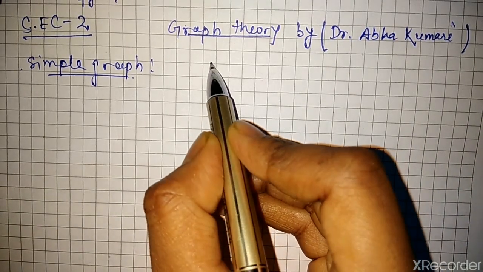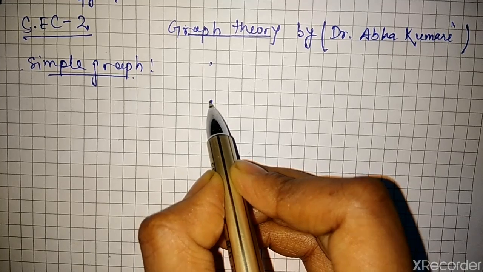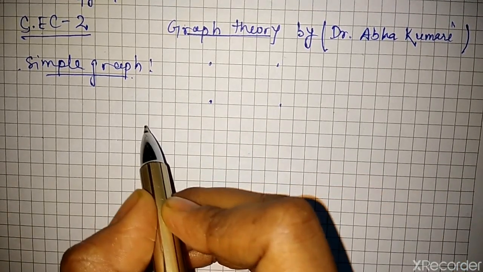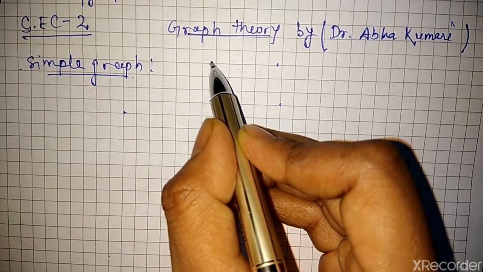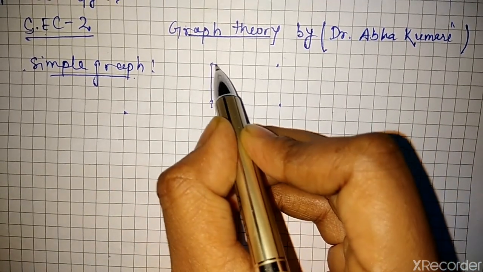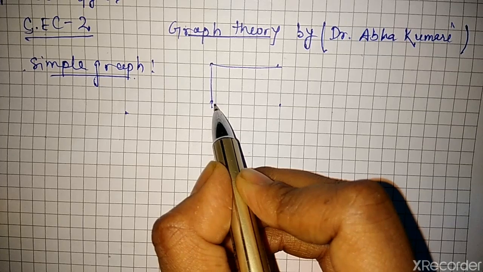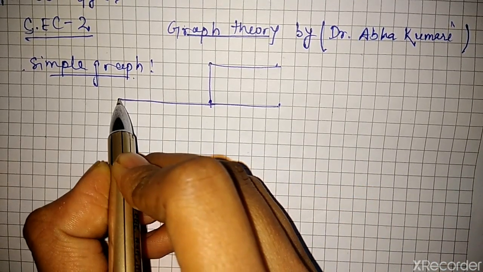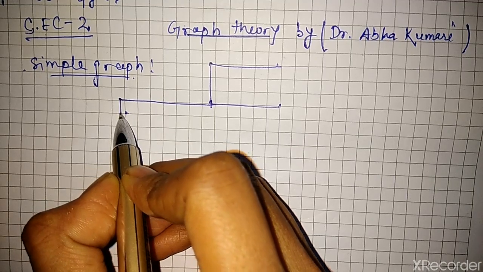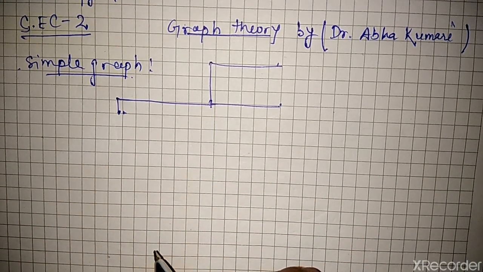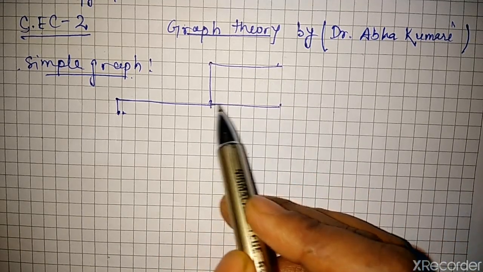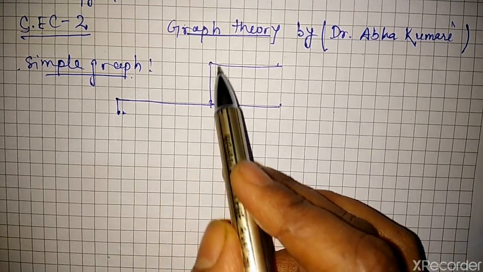For example, if we have vertices like this, and we now join these vertices this way, and again in this way. What do we see here? Is there any loop in this figure? No, there is no loop.